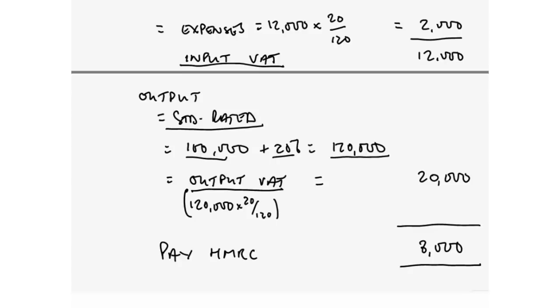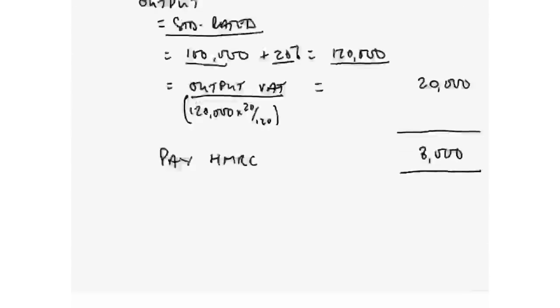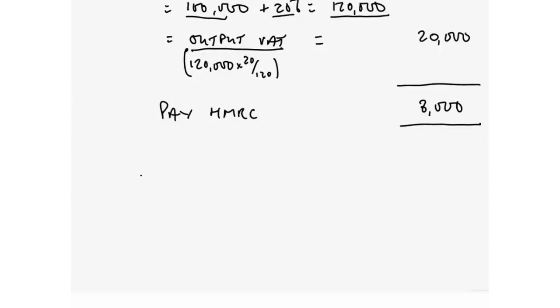Think what would have happened if it was zero rated. If it was zero rated, then very obviously in terms of output tax, it would be zero. There would be no output VAT. So then on our VAT return, think what we would have if we were now dealing with zero rated supplies. Our input VAT would still be exactly the same. We have suffered £12,000 of input VAT.